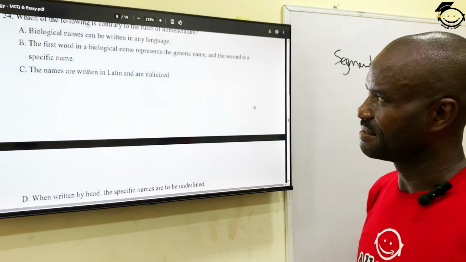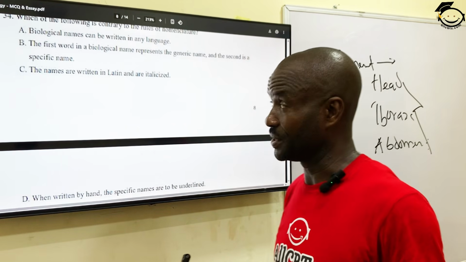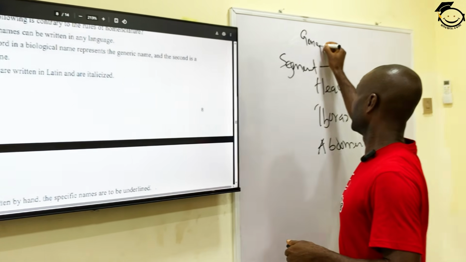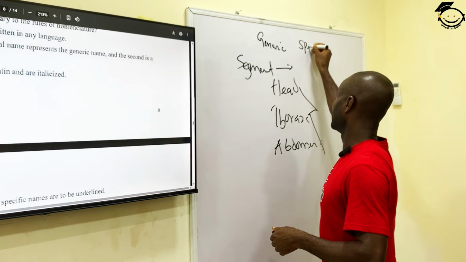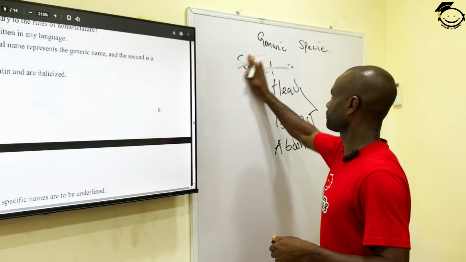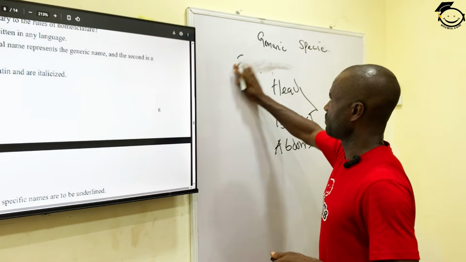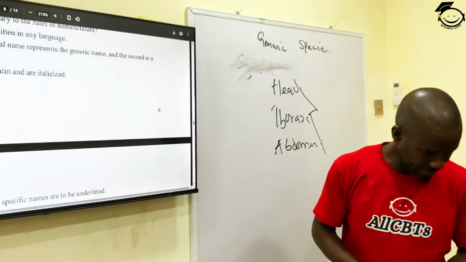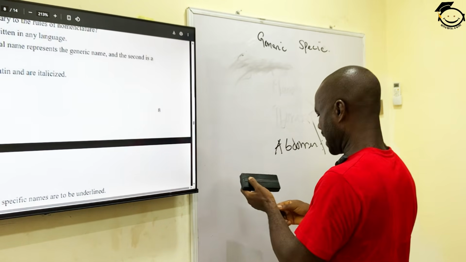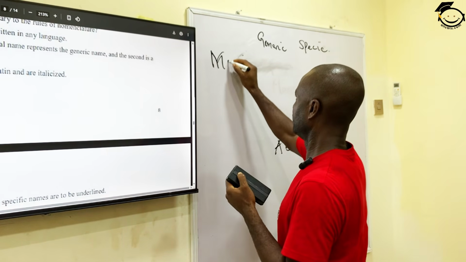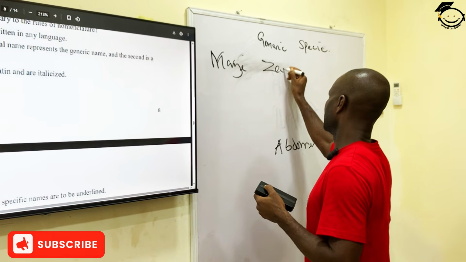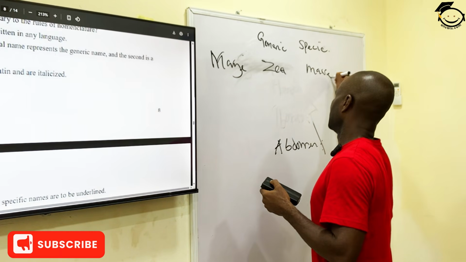You can't write your name in any language. We have what's called the generic name and the species name. For instance, maize has two names. We call it Zea mays.